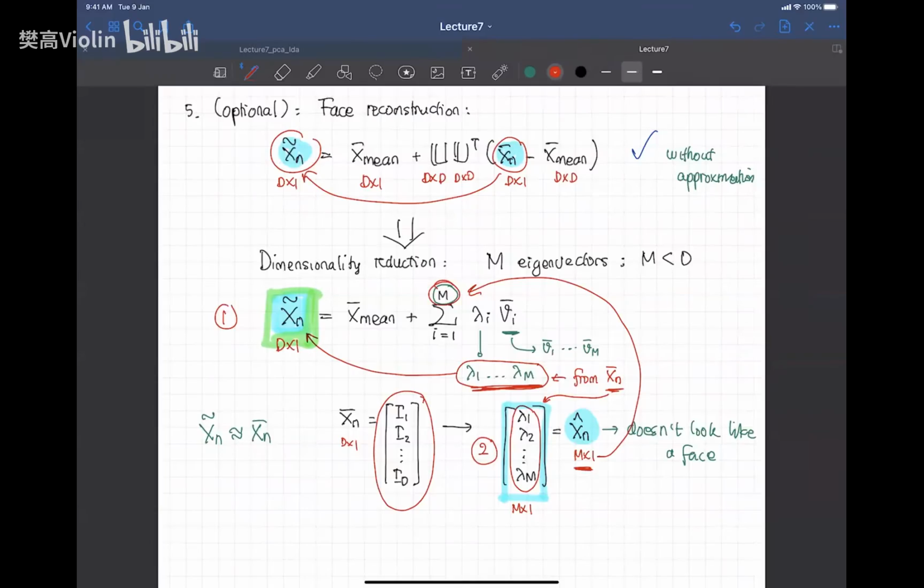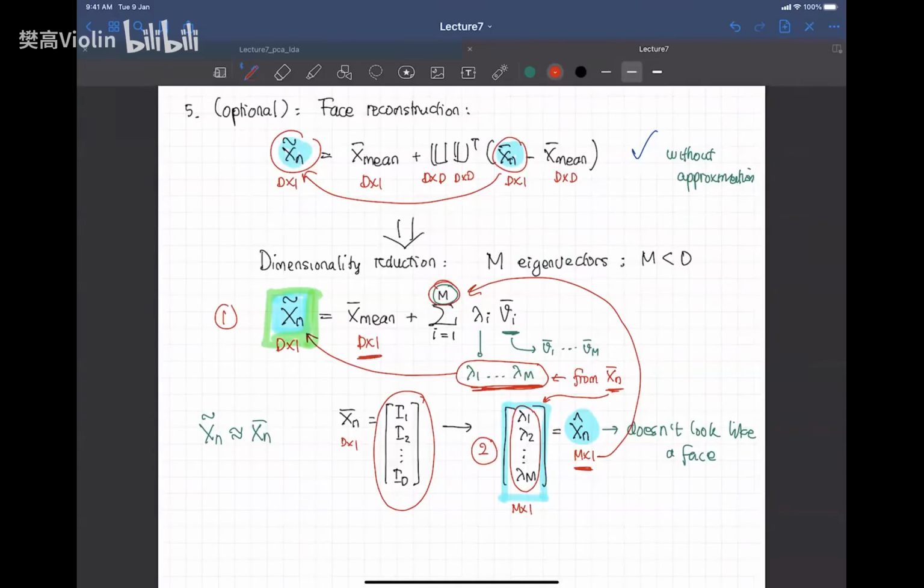Okay, so if I want to get the reduced face, I just use xn hat. Yes, x hat. X hat is the reduced dimensionality of the face, but it doesn't look like a face. Okay, so if I want to add x mean to x hat, my x mean must be m by 1 dimension also. No, x mean is d by 1.